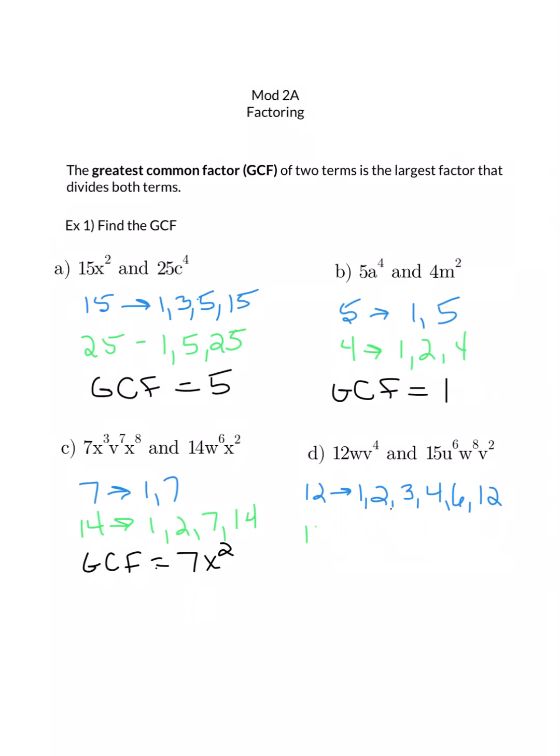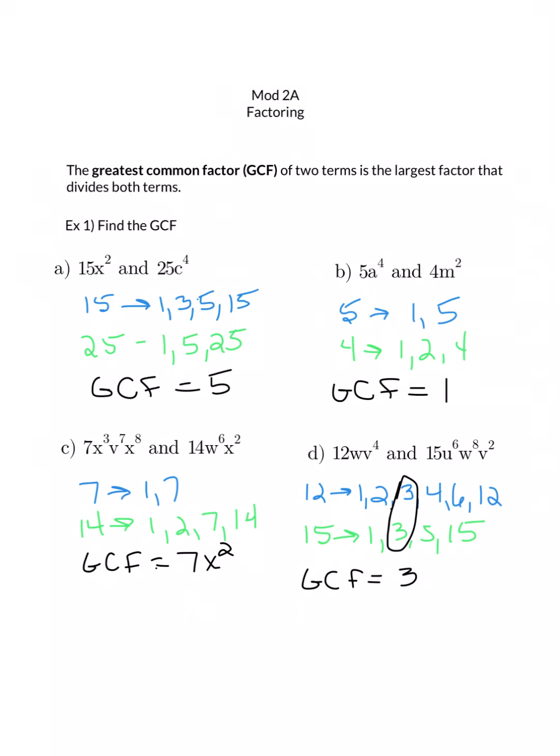For 15, the factors are 1, 3, 5, and 15. The only factor they have in common besides 1 is the 3. So our GCF for the number part is 3.